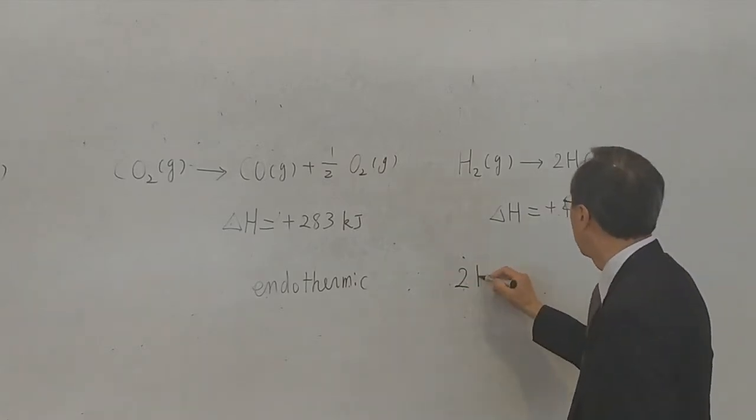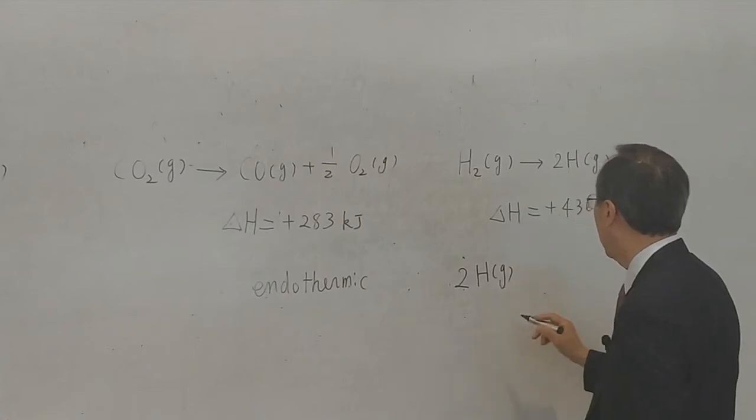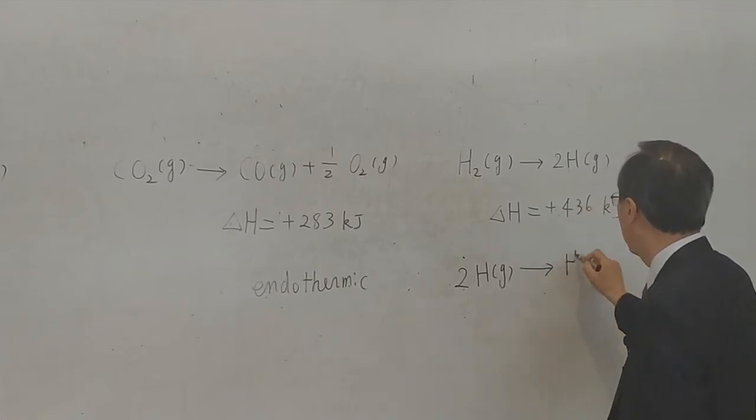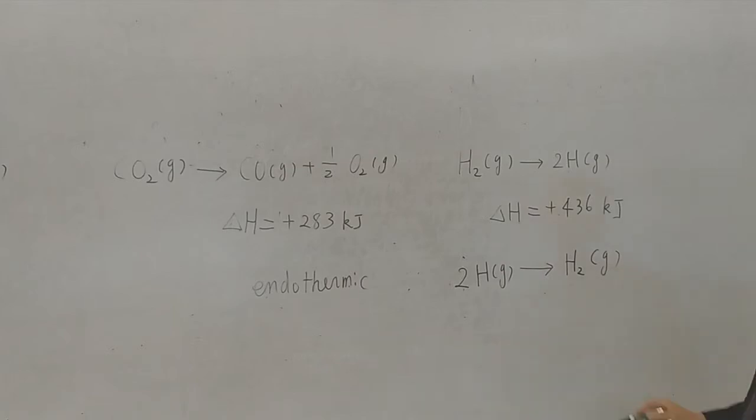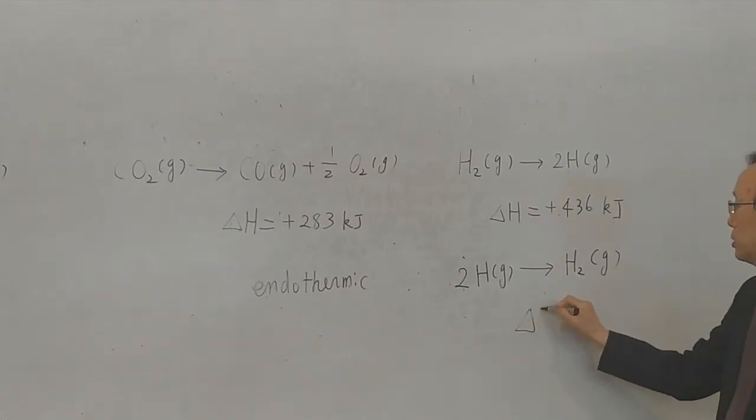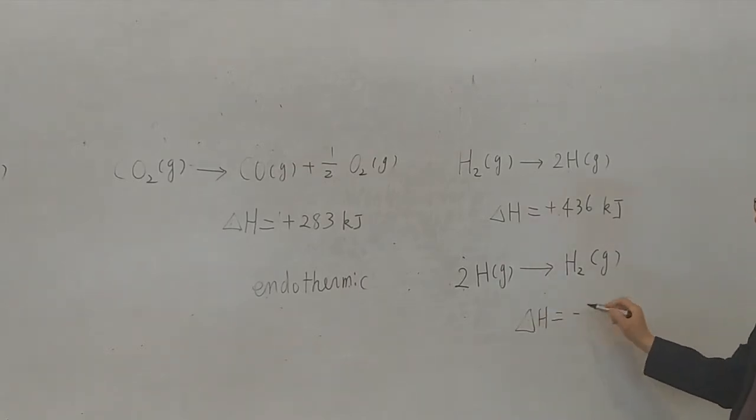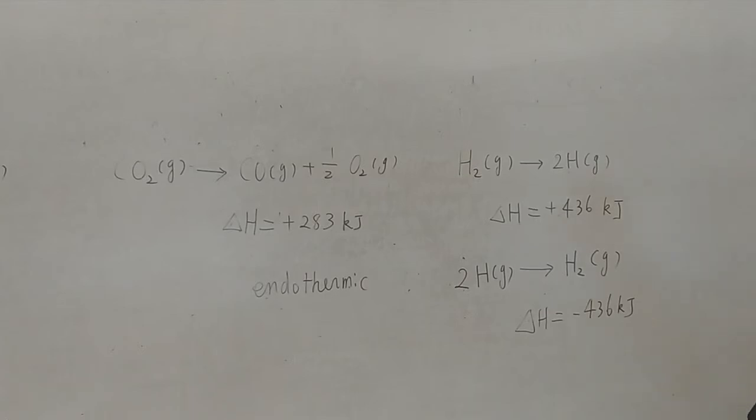Reverse reaction is from the elements, the formation of H2 gas. So in this case, delta H equal minus 436 kilojoules. This is an exothermic reaction.